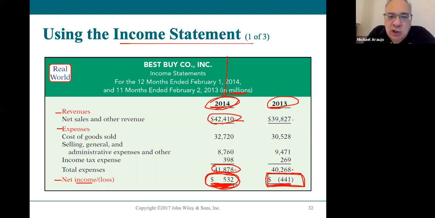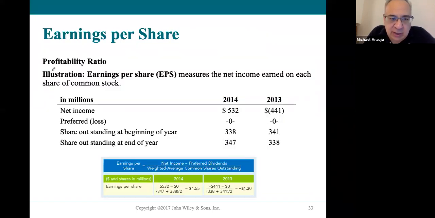If you're a shareholder, you're an owner. Of course, you're not the only one because large corporations have millions of shares of ownership. So how much of this $532 million profit is yours for your share of ownership? Well, that's what the first ratio tells us. They look at the earnings.